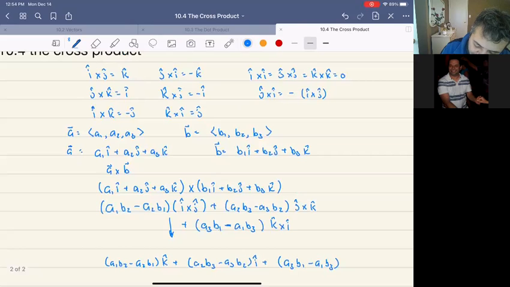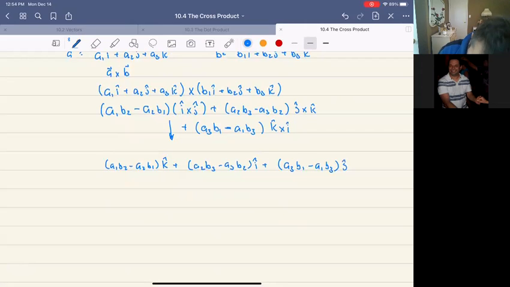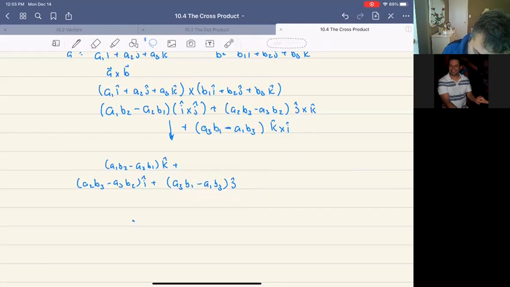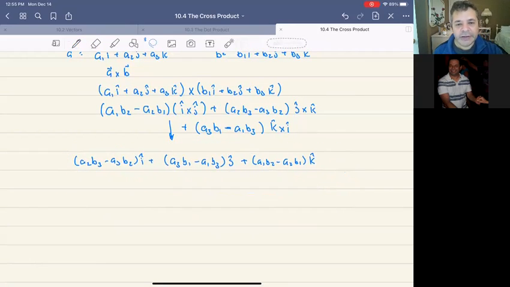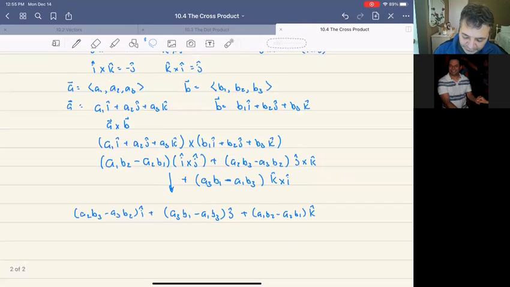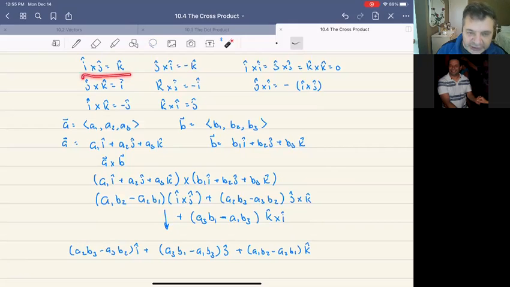And k cross i is j. Let's put these in order though. So i goes first, j goes second, k goes last. Okay, so we're just using the fact that i cross j is k, j cross k is i, and k cross i is j.